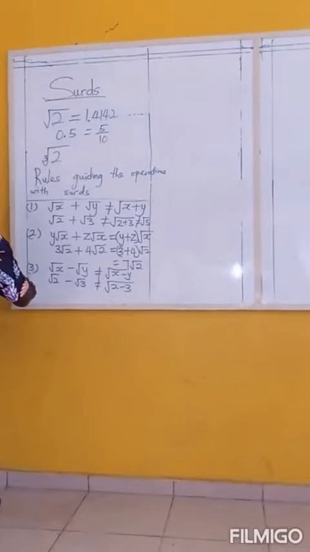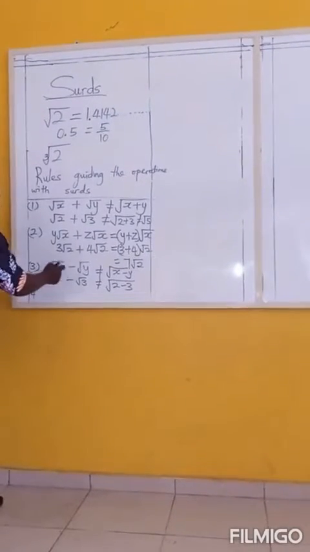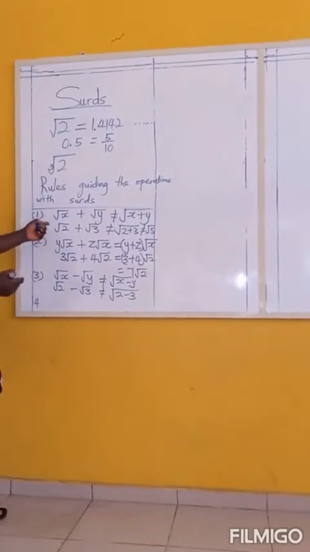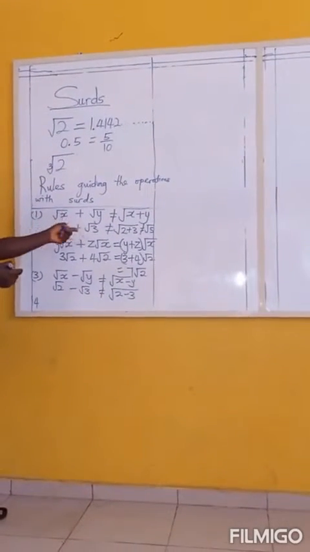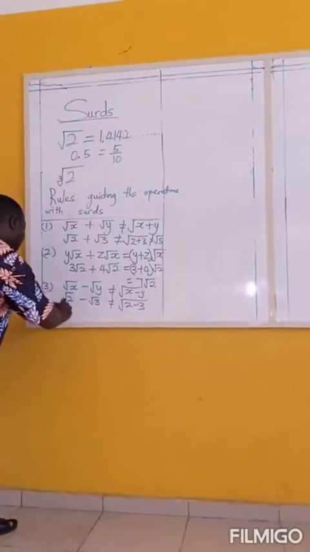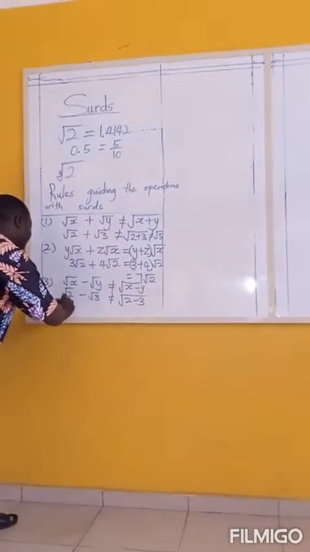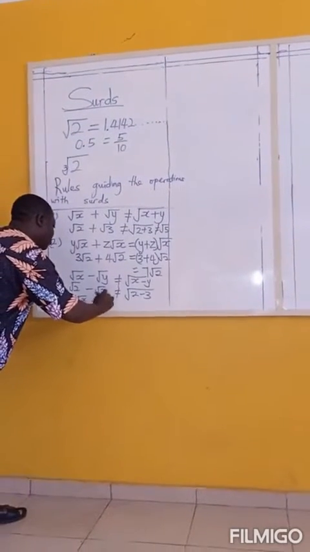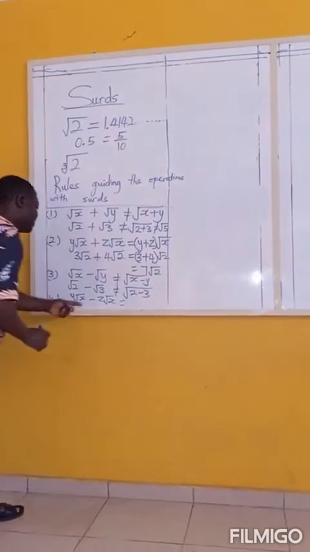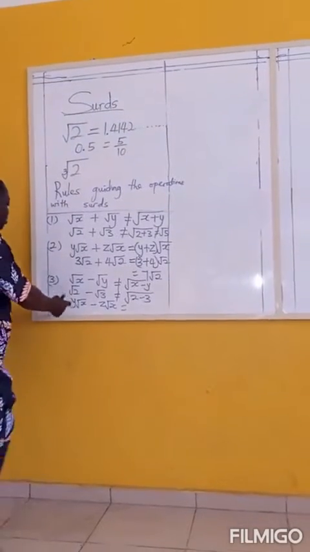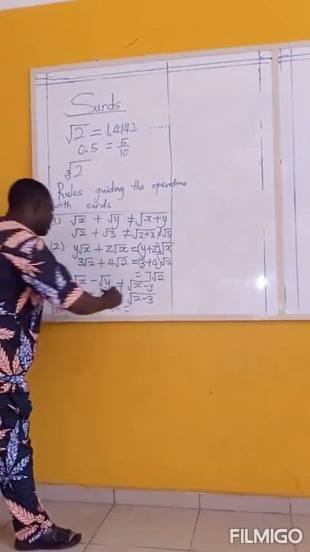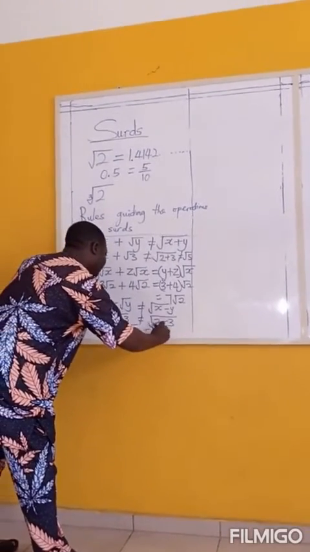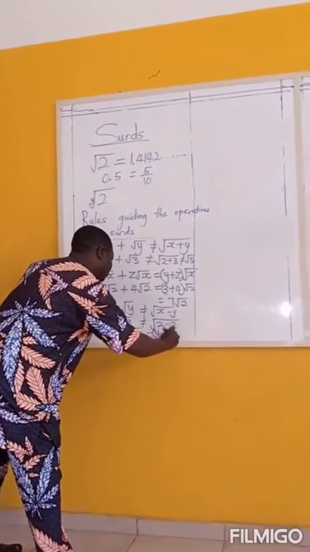But assuming the surds are the same thing, so if we have y root x minus z root x, then since the surds are the same, you can just subtract these coefficients, and this is equal to (y minus z) root x.